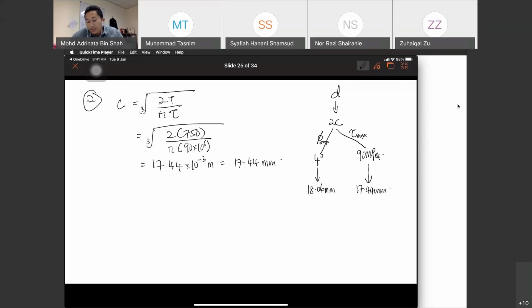Kalau tau max lebih 90 megapascal, maksud dia to obtain more allowable stress, more safe. More allowable stress is wrong, but allowable stress is 90 megapascal.